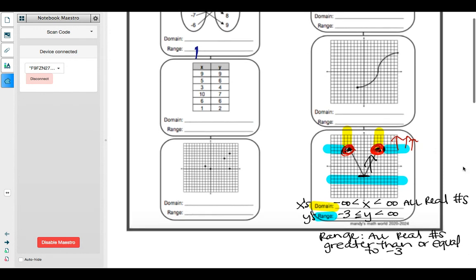There we go. Okay, so that's really it with domain and range. Just make sure that you understand domain represents your x's, and you always want to go from the left to the right, because you want the left side, the negative side, that will always come first. And then for range, you want to go from the bottom to the top. Okay.